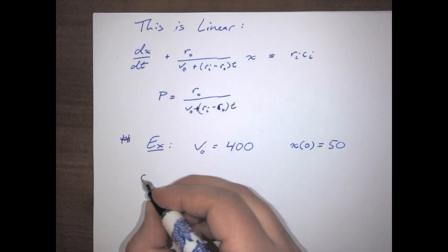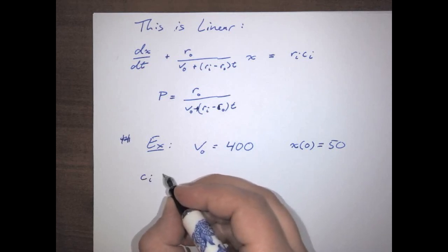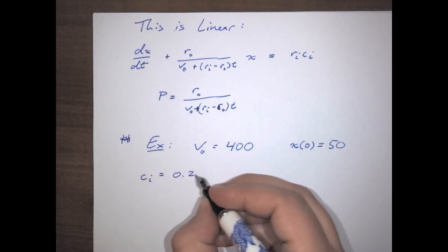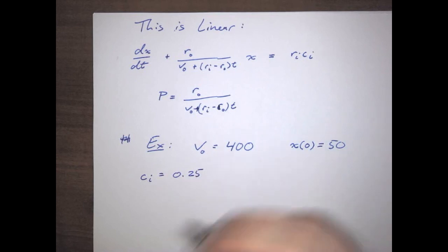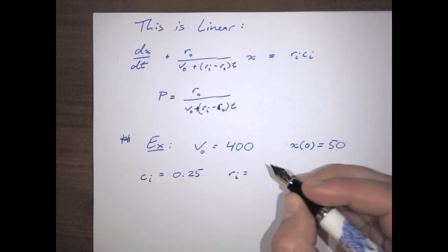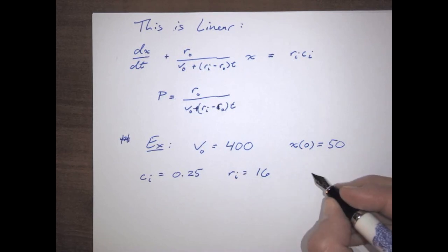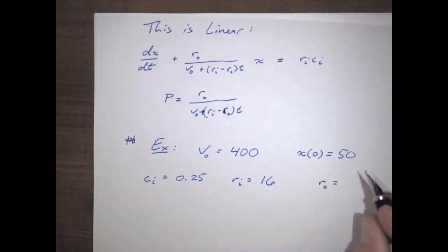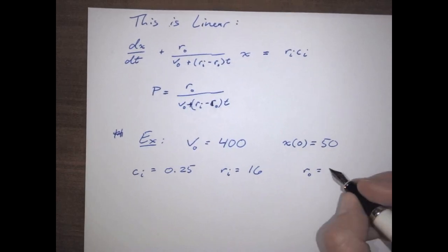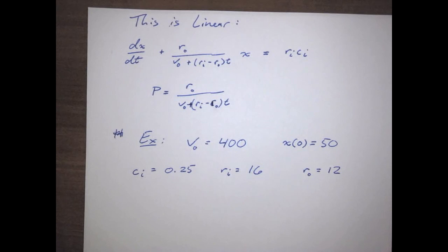So that's going to be the concentration in is equal to 0.25. The rate in is going to be 16 liters per minute. And the rate out is going to equal 12. So those are all the pieces that we have been given in the problem as stated, and now we just have to put the pieces into play.